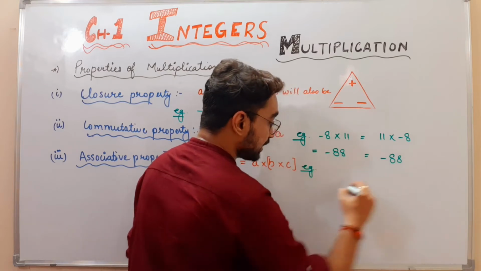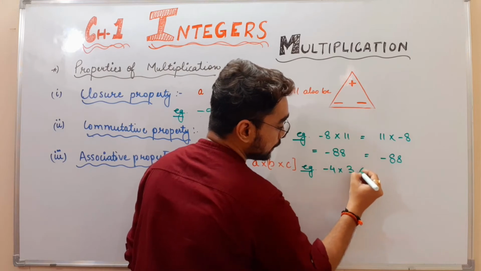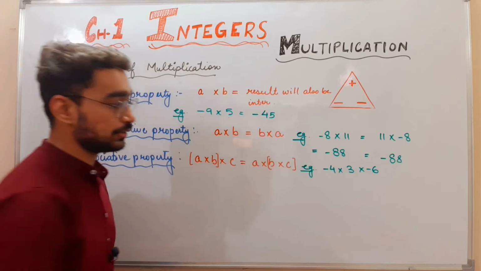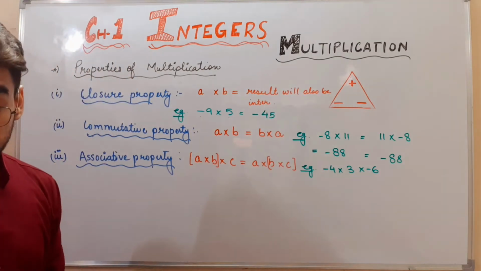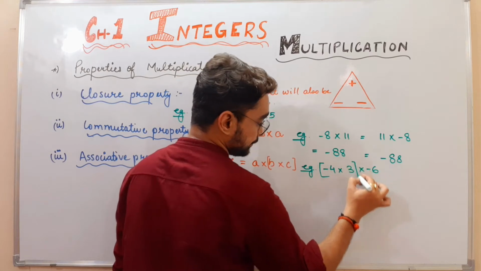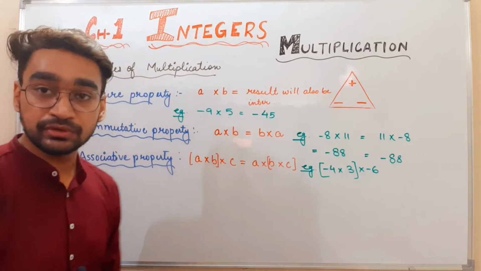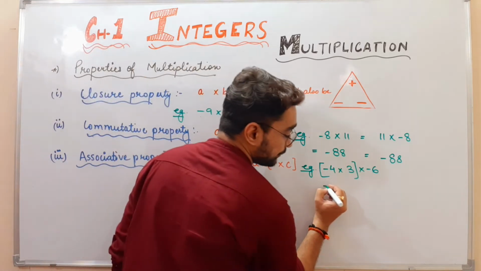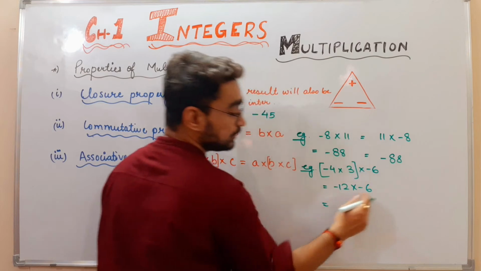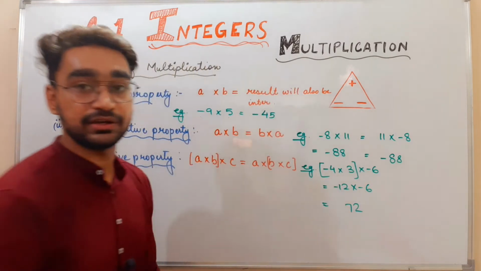I am writing minus 4 into 3 into minus 6. I have these three numbers with me. Let me multiply the first two numbers first. Minus 4 into 3, how much? 4 3s are 12, and minus 12 into minus 6. Then 12 6s are 72, and minus minus will become plus, so positive 72, right?